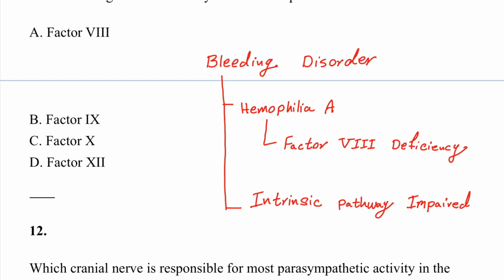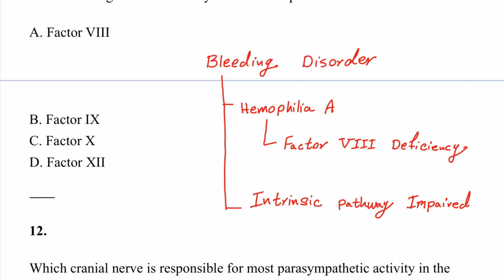Which clotting factor deficiency causes hemophilia A? A. Factor 8, B. Factor 9, C. Factor 10, and D. Factor 12. So, let's analyze this bleeding disorder step by step.